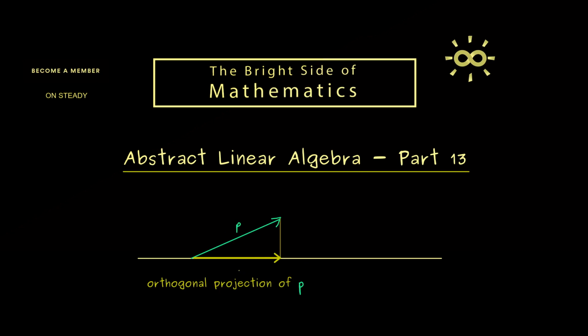And you see in the picture that this orthogonal projection is also a vector. But this is not all, because we also find a third vector here, which we could call the normal component of x. And again, this is with respect to the given fixed subspace here.